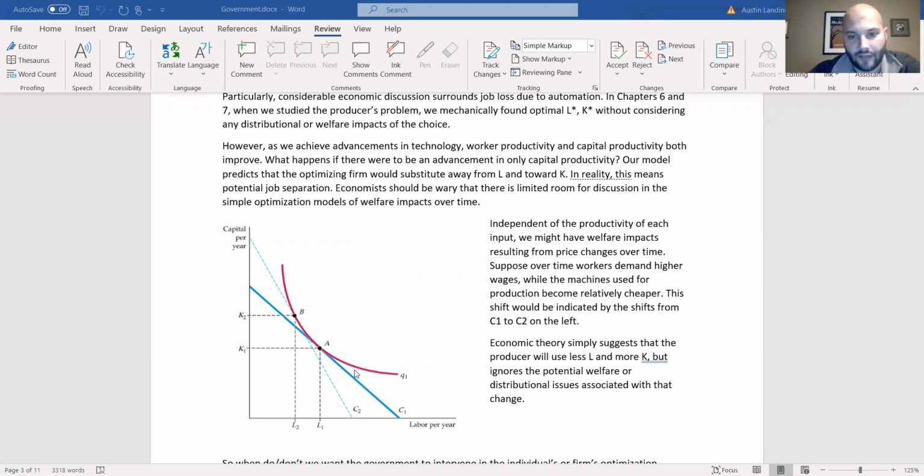Not to say that that generalizes to every market, but there could be some examples of that in reality. And our models just suggest that the producer optimally uses more of the relatively cheap capital and less labor.